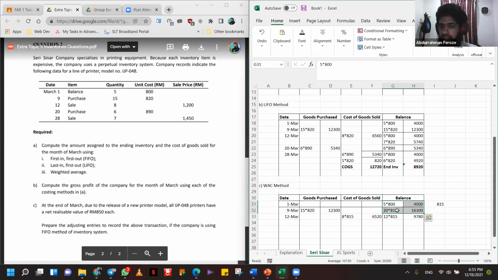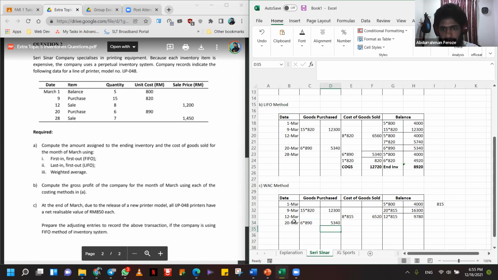So we got a cost of 815, right? And then when we sold, if you make any sales, we cost it at 815. Now, on 20th March, we bought 6 into 890.